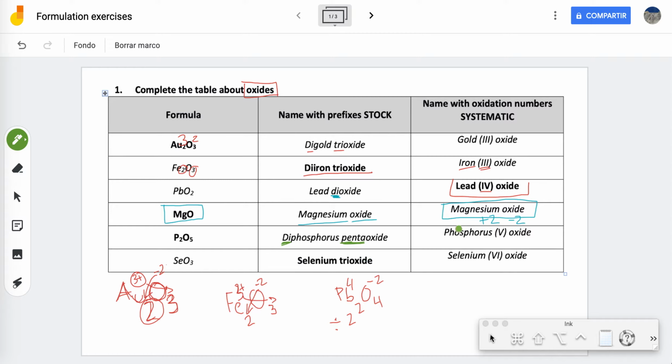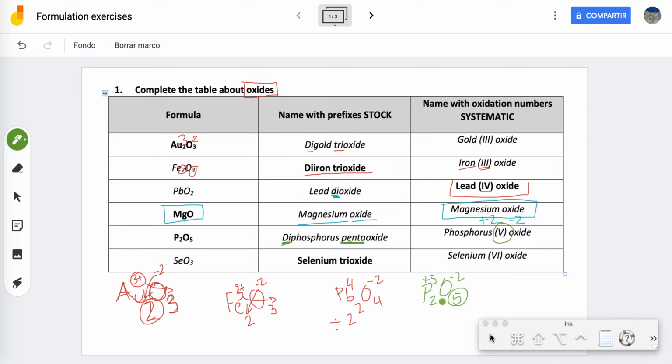And here we have the most complex one, because we need to know the oxidation number of phosphorus. Okay, we have P2O5. So what's the oxidation number of P2? It is plus 5, which comes from this number. And what's the oxidation number of oxygen? -2.